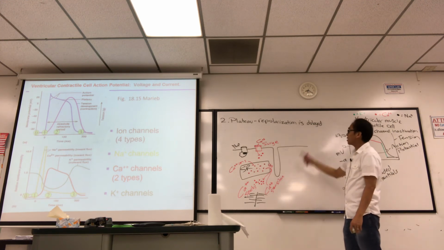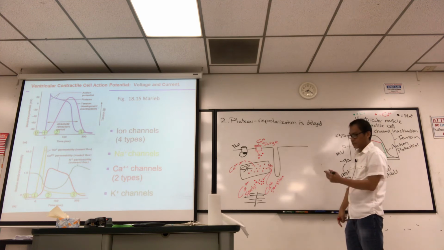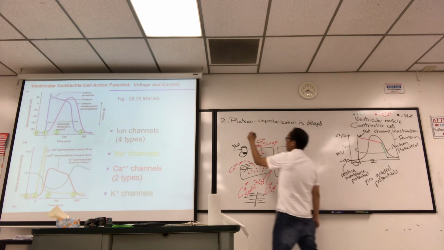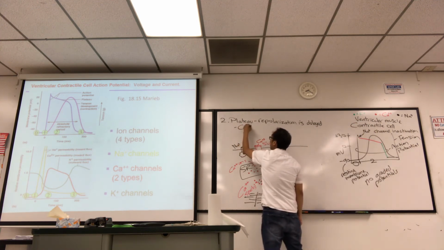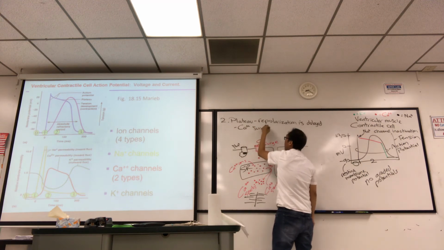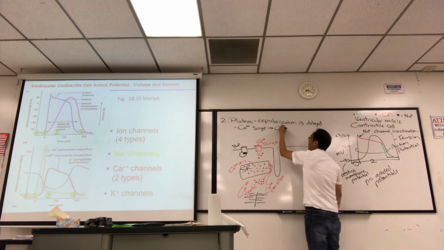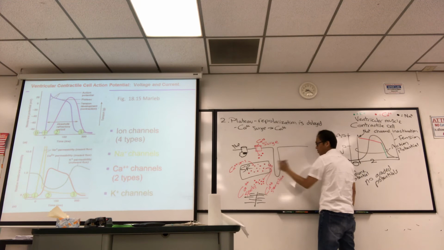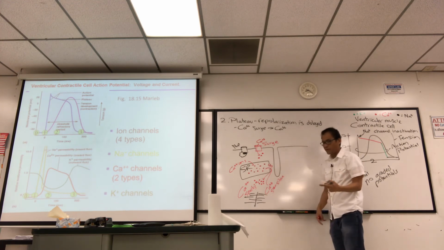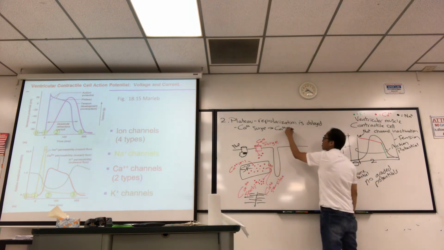So in terms of events that are happening, number 1, you get this calcium surge, which leads to the release of calcium from the sarcoplasmic reticulum. I'll abbreviate and call it calcium sparks.